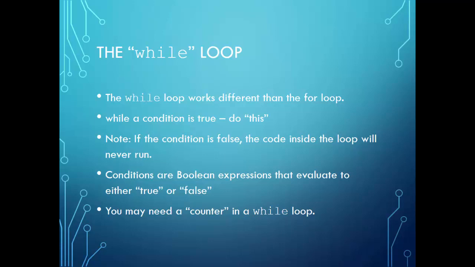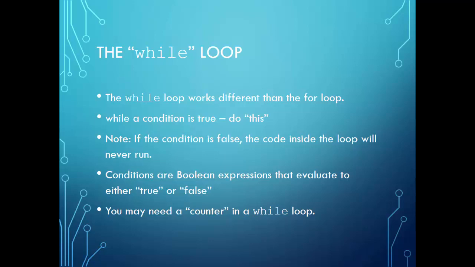Remember, conditions are Boolean expressions that always evaluate to either true or false. You're going to use things like equivalent, which is the equals sign, greater than, less than, not equal to. All of those you're going to use in your Boolean expressions. Now, you may also need a counter inside the loop.